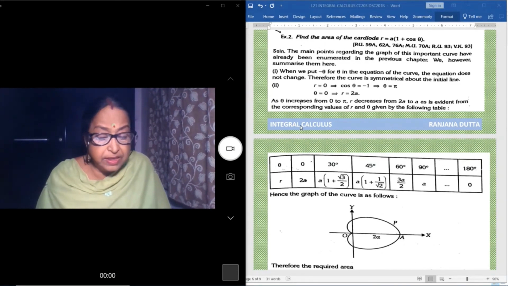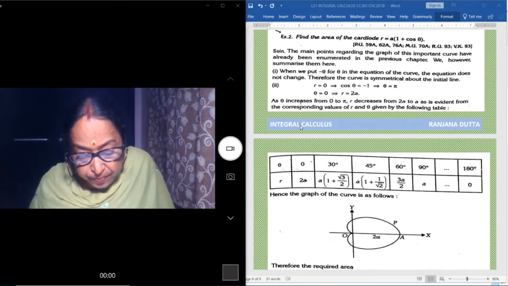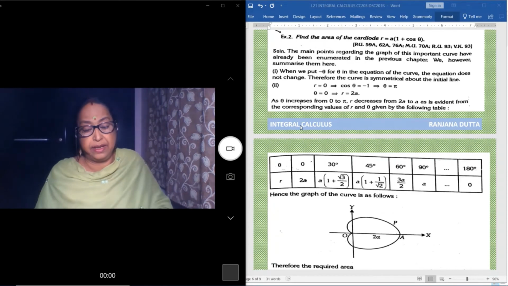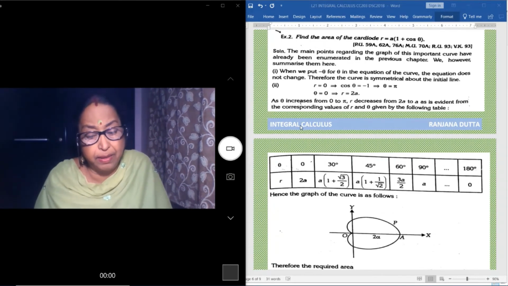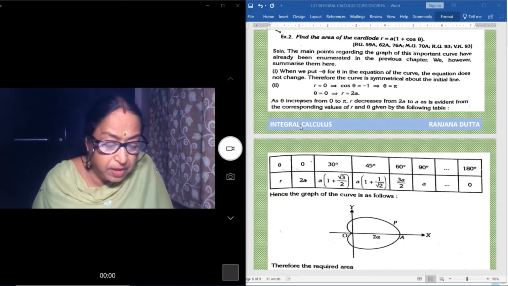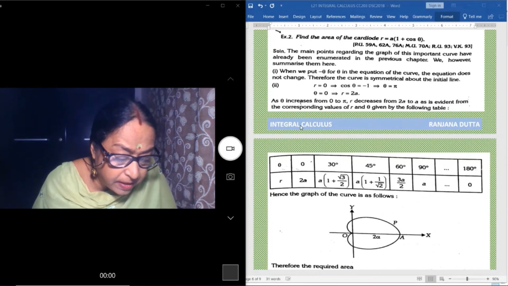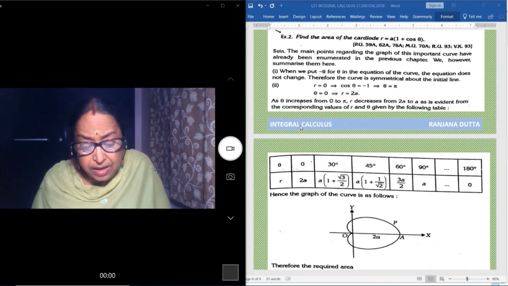Now this is new for you. You go on writing the values of theta and r, preparing a table. Theta is 0, 30 degree, 45 degree, 60 degree, 90 degree, and 180 degree.